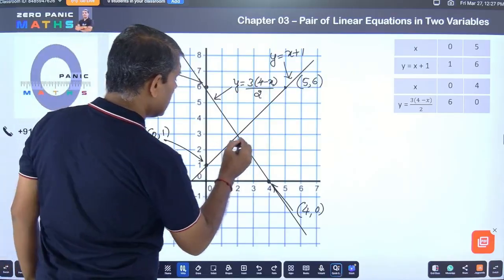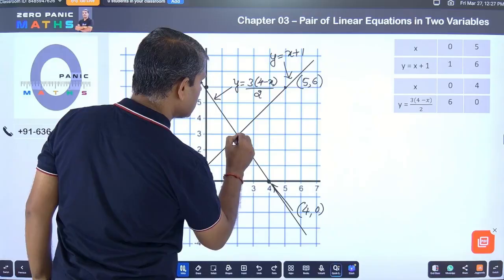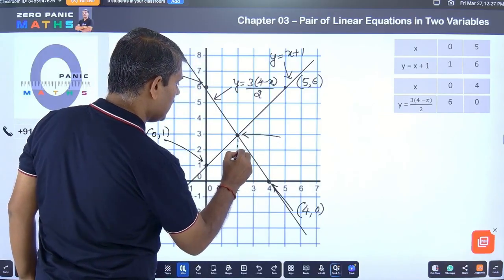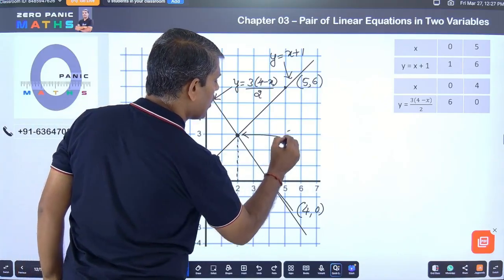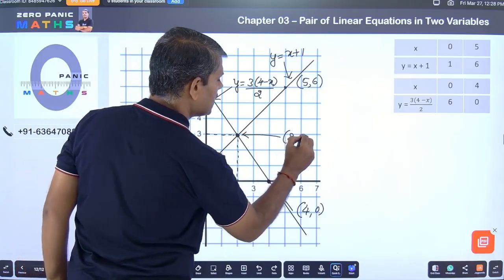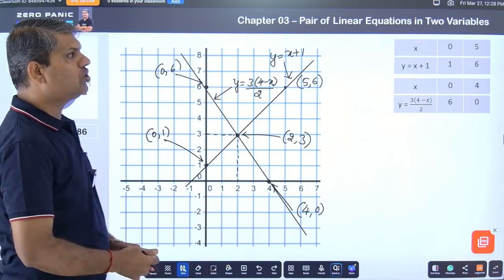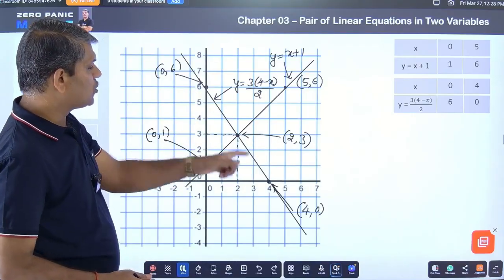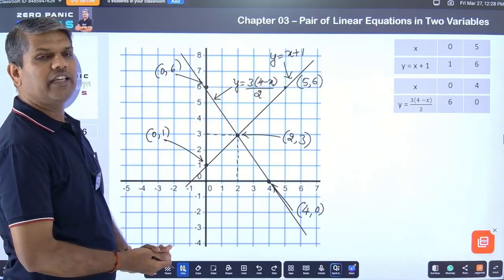Okay, so what is the point where the two lines are intersecting each other? The two lines intersect at x coordinate 2 and y coordinate 3. So (2, 3) is the point where the two lines are intersecting each other.